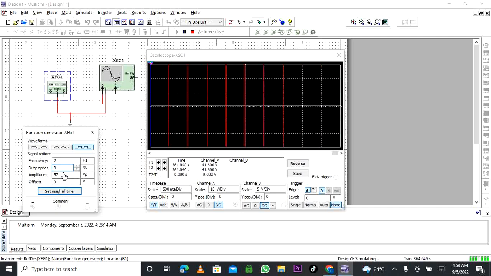And that will give us our 0 to 5 volts oscillating signal.